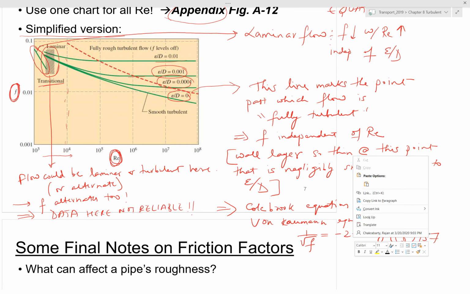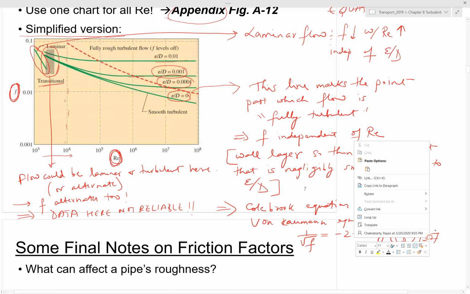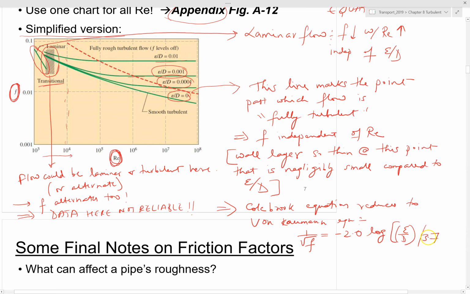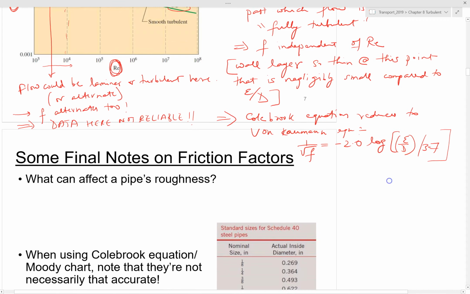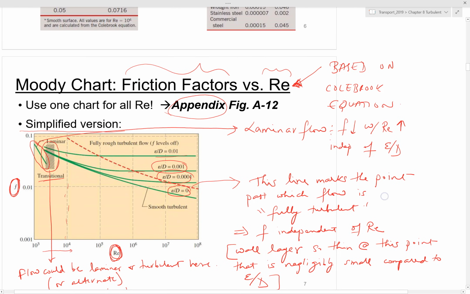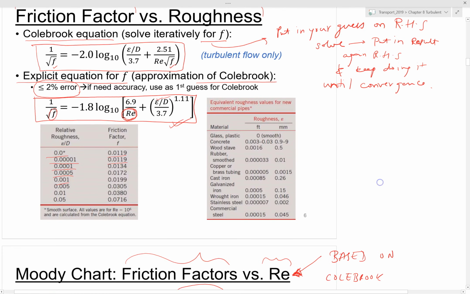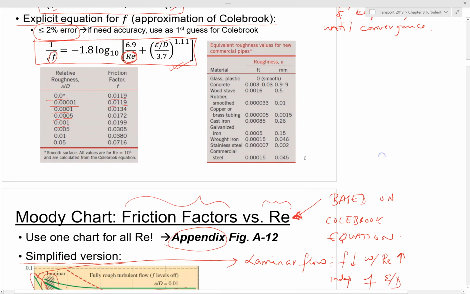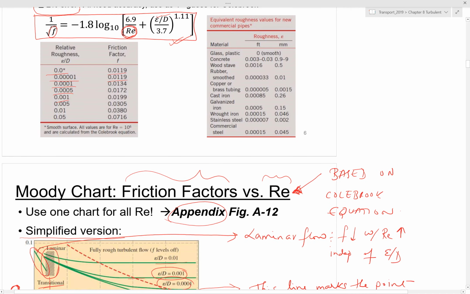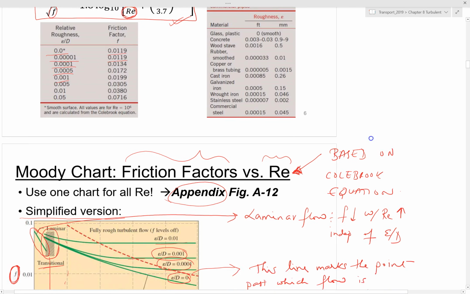So these are analytical expressions. Okay, so this is very important, and these are the two tools you basically have: the Moody chart and your Colebrook expression for relating friction factor, Reynolds number and roughness in a pipe, in the thin layer which controls the shape in a turbulent flow.